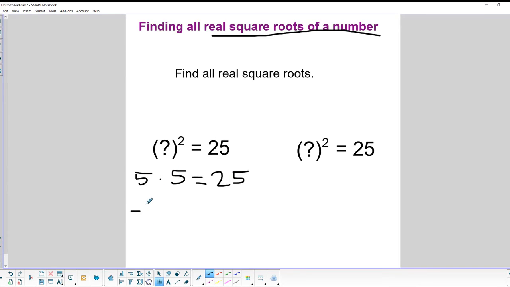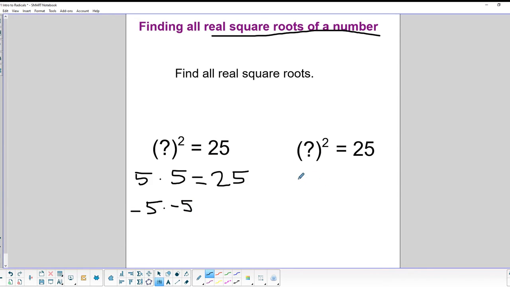Well, you do get -5 times -5. So it turns out that each number that has a square root has a positive and a negative square root that goes along with it. So that's something to kind of keep in mind.